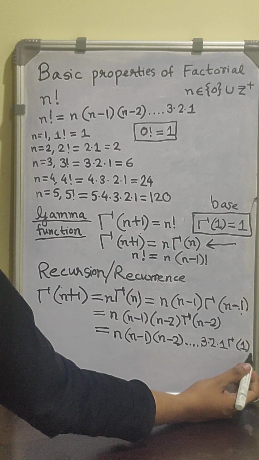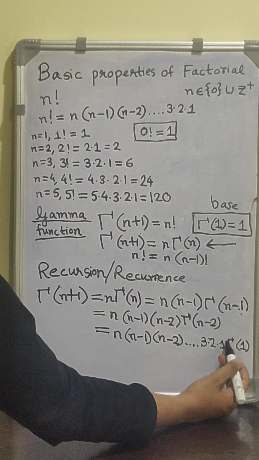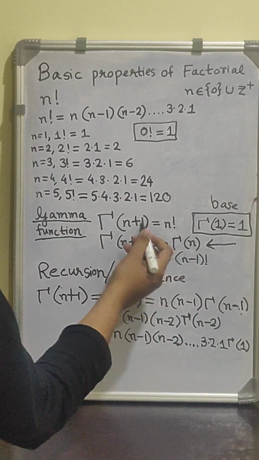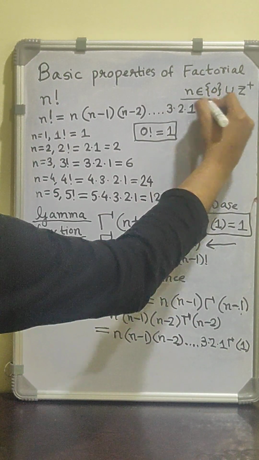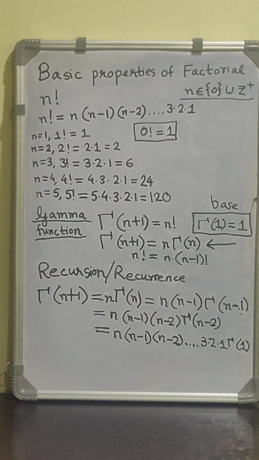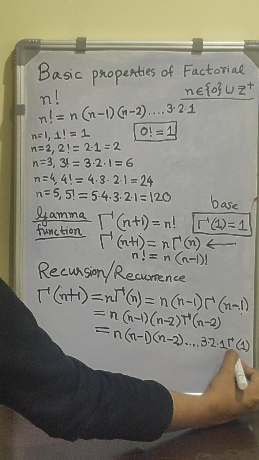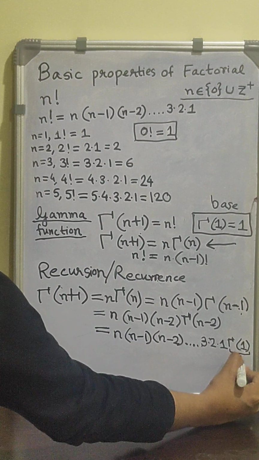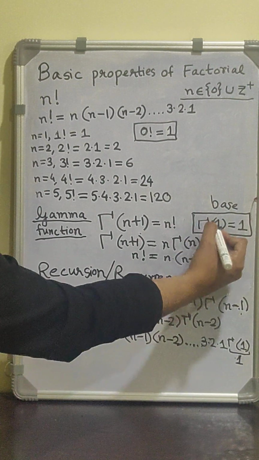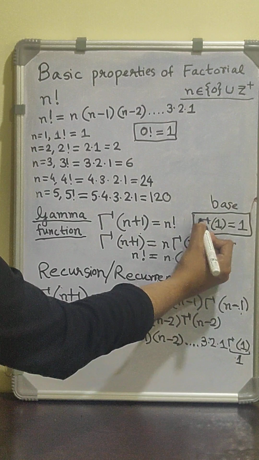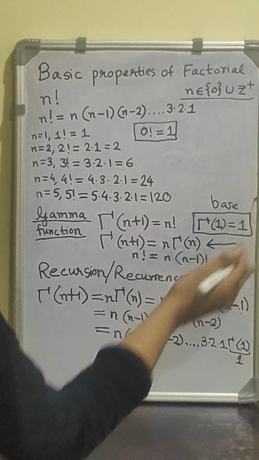You cannot go lower than this, because then you will get gamma of 0, n plus 1 is 0, then n is minus 1. That's not possible. n was defined in such a way that it cannot be minus 1. So this needs to be known and this needs to be fixed. And this is 1. How is it 1? From the integral of the gamma function that I haven't shown here.